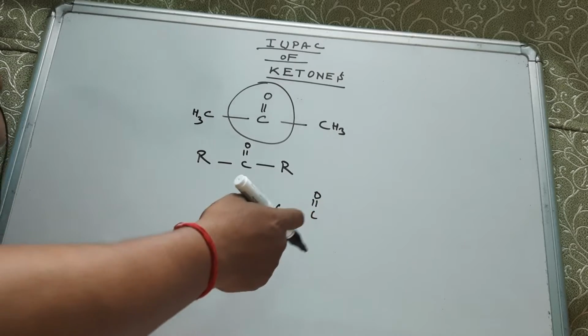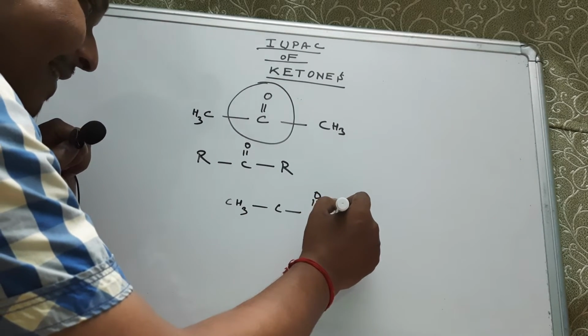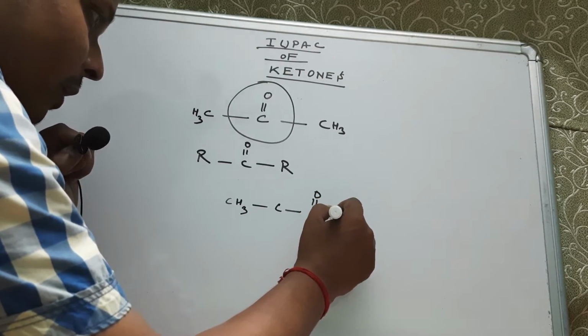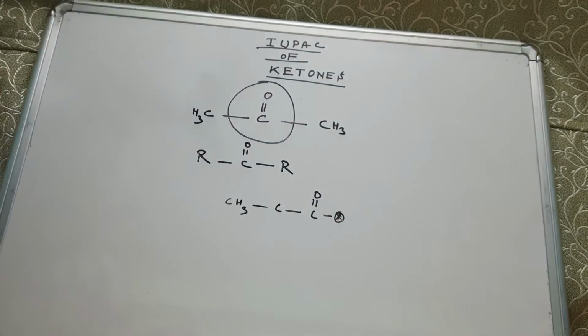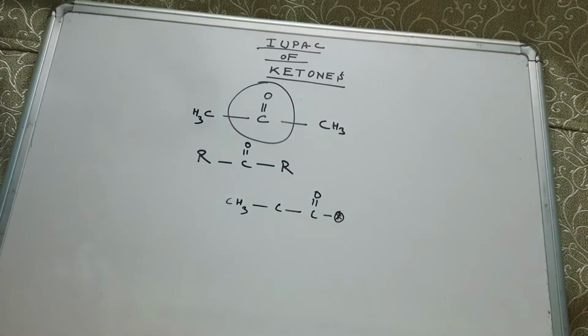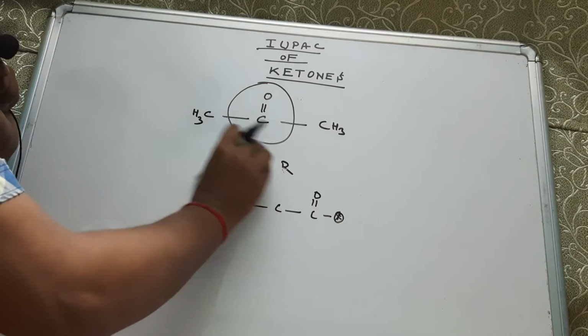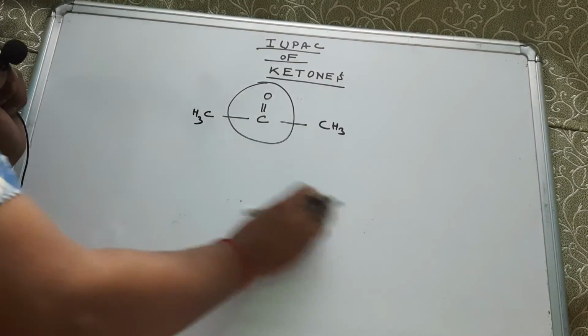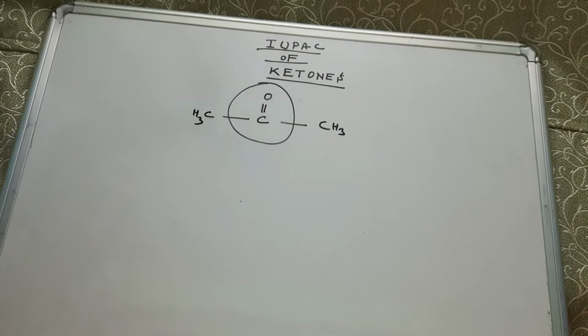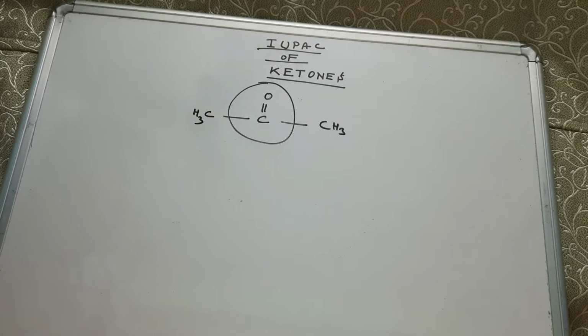So you cannot add any other extra alkyl group here, because it already has a total of 3 carbon atoms. So if the ketone consists of 3 carbon atoms, I repeat, the carbonyl carbon or the keto group should be present in the middle, that is number 2 position. So you should not write 2-propanone or propan-2-one.